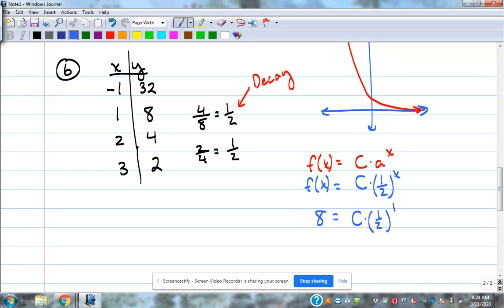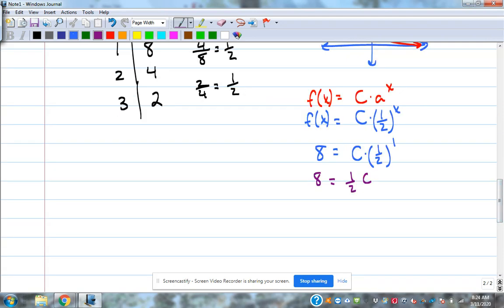It's easy to raise 1/2 to the first power, right? One half to the first power would be 1/2. Then I divide by a half, or multiply by the reciprocal. C is 16, should be anyway.